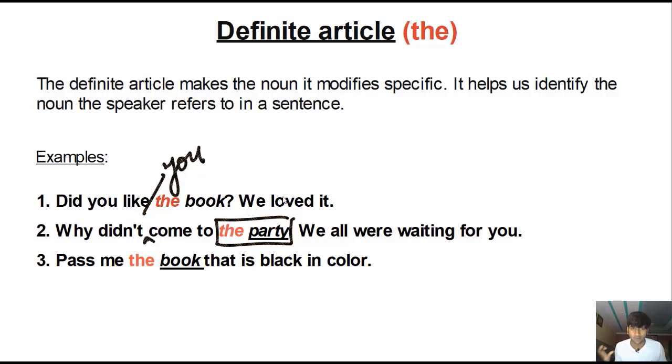You don't have the context, you don't have the information, right? But here, since both the speaker, which is me, and the listener, which is you, know which party the speaker is referring to, we're using the definite article the.